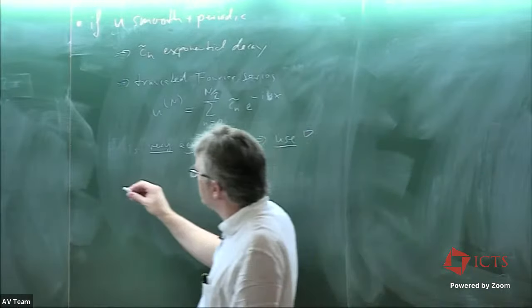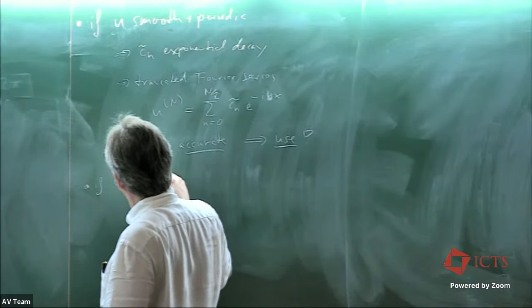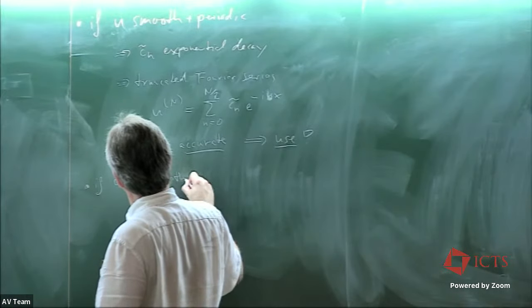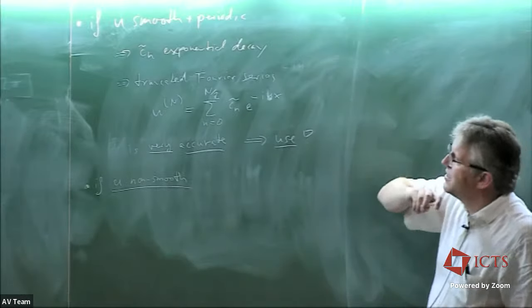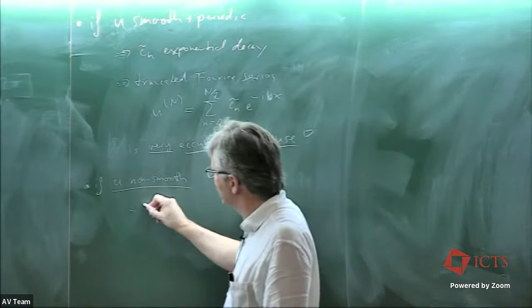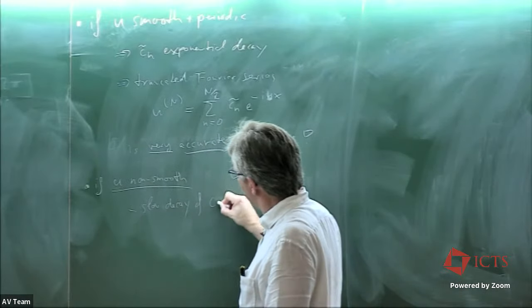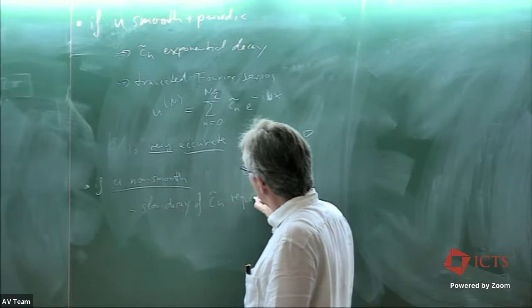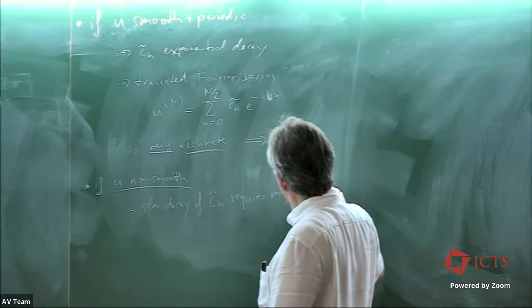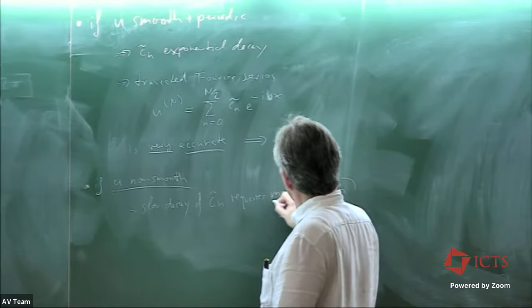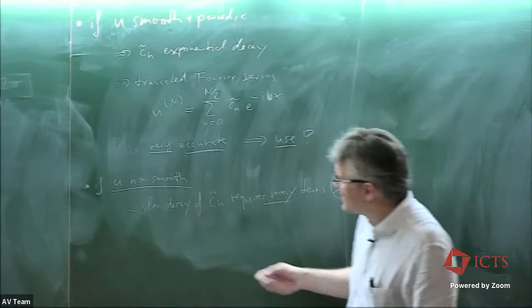If U is non-smooth, well, then the Cn's decay slowly. Slow decay of Cn requires many terms. So that's what you don't want to do.